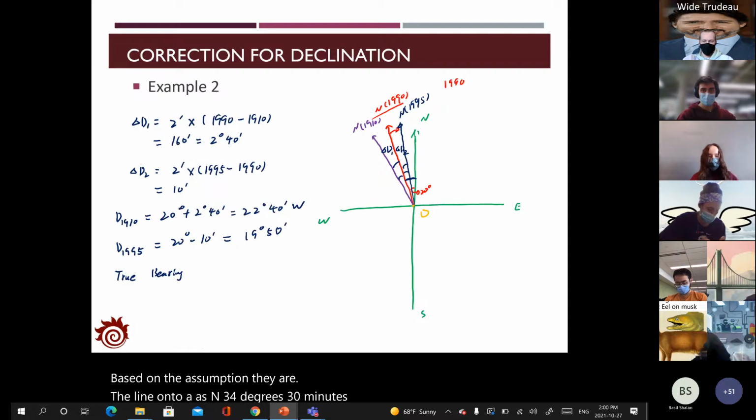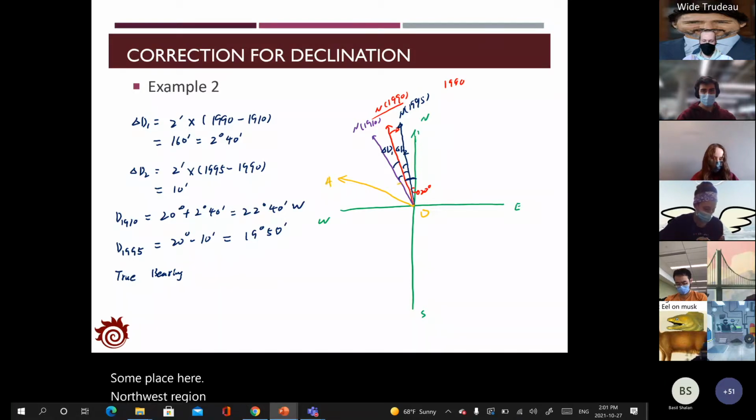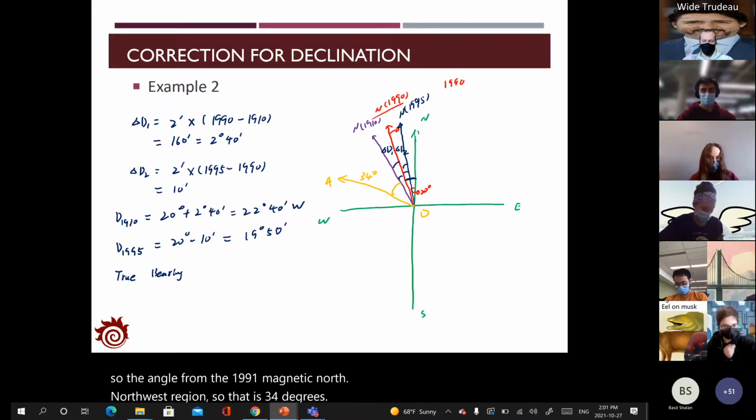So in this graph, there will be some place here, northwest region. So the angle from the 1910 magnetic north, northwest region, so that is 34 degrees 30 minutes.